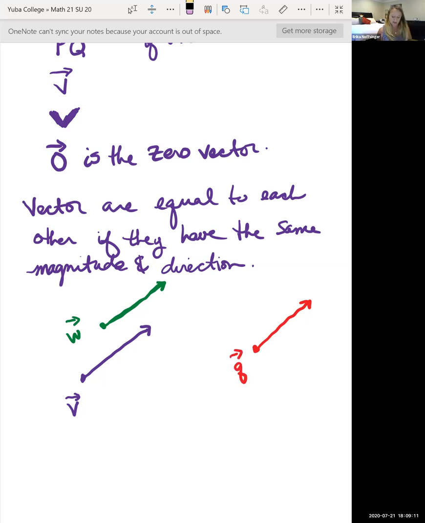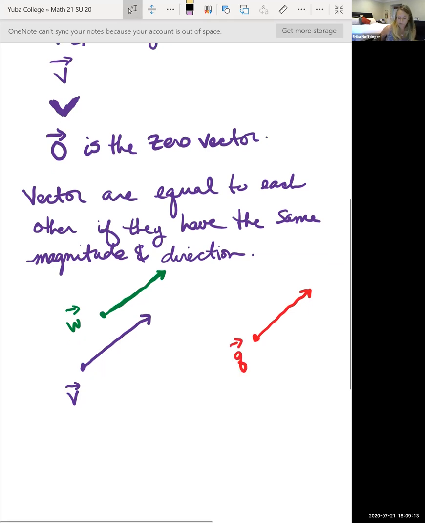So these are all the same vectors. If we look at a number times a vector, so let's say that alpha is equal to a real number. Alpha doesn't equal 0.